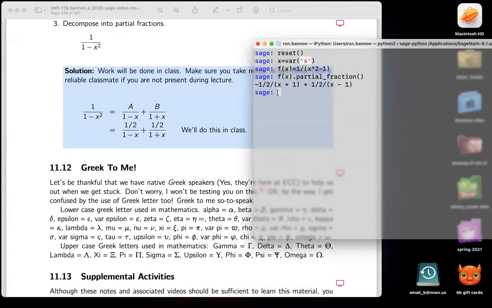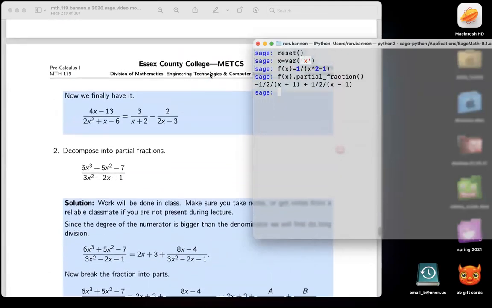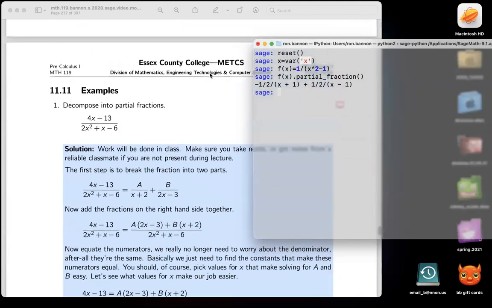Let me see if I did that right. Oh, you know what? It's not the same problem. I'm sorry, this is 1 minus x squared, and that's x squared minus 1. Not the same question, that's why the answers are different. All right, but anyway, we did it.